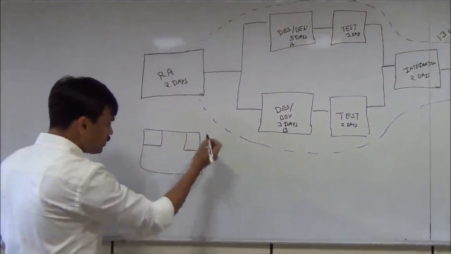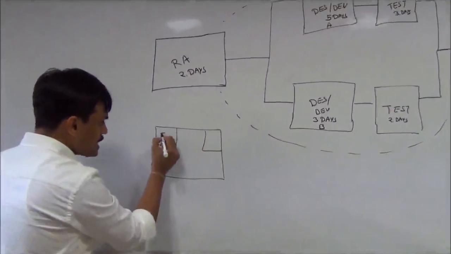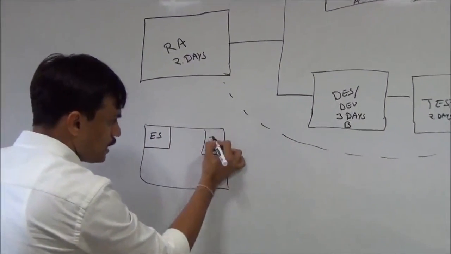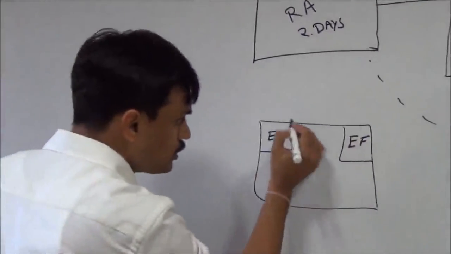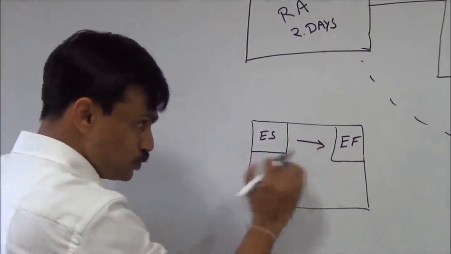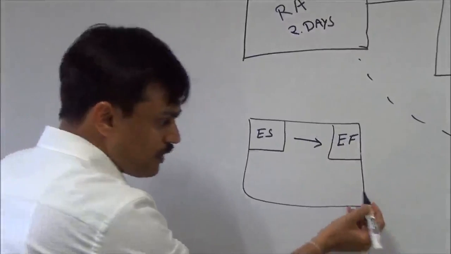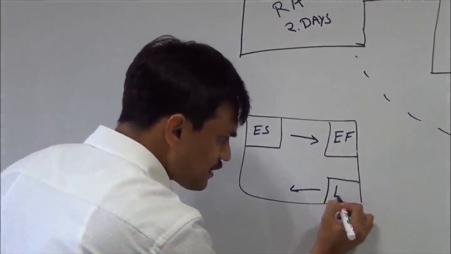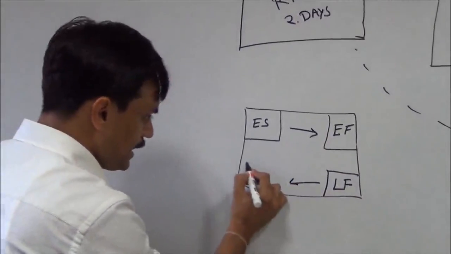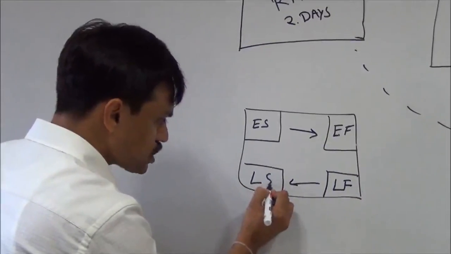By the forward pass we calculate the early start and early finish times. So when we go forward, we calculate these two numbers. When we come backward, we calculate late finish and late start.